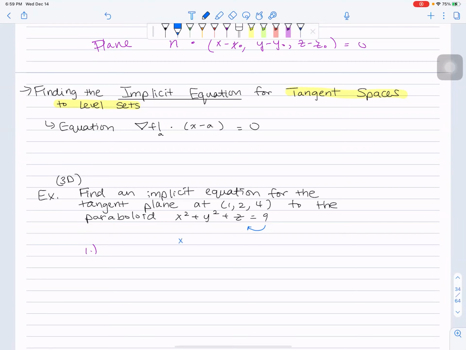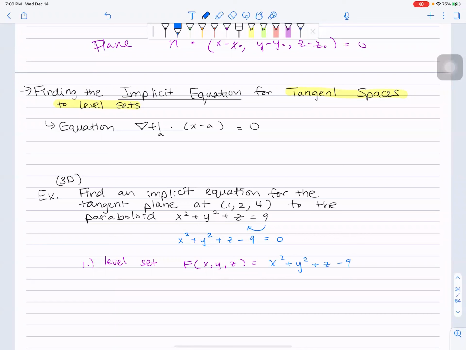In this case, it doesn't really matter because when you take the derivative of 9, you still get 0 anyway, but we can move it over just in case. So the level set is f of x, y, z, since we have 3 variables and we're in 3D, equal to that blue equation.